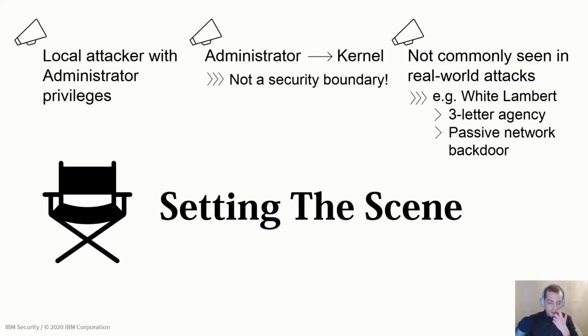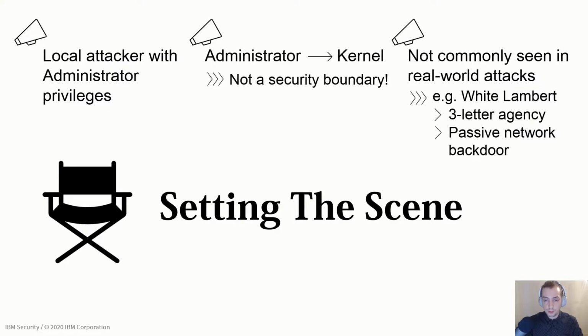So if we try to set the scene a little bit, right? As I mentioned already, we require that the local attacker is an administrator or has administrator privileges, right? That's a requirement. The second thing we need to take into account is that this boundary between administrator and kernel is not actually a security boundary, right?